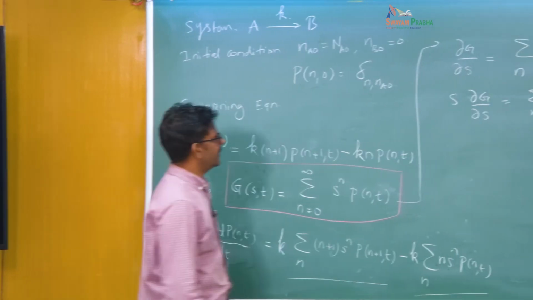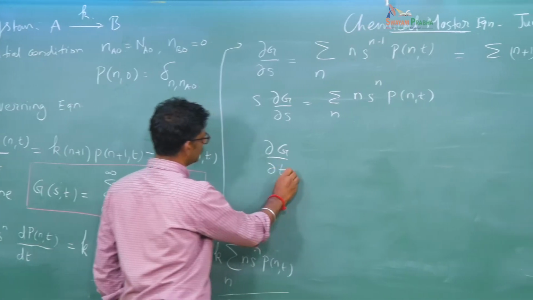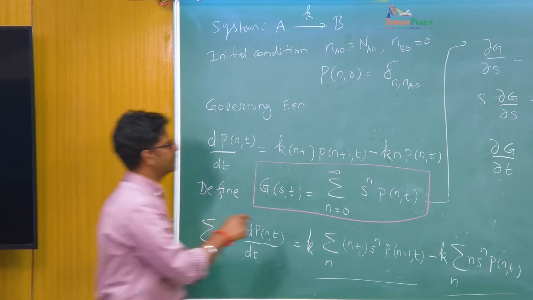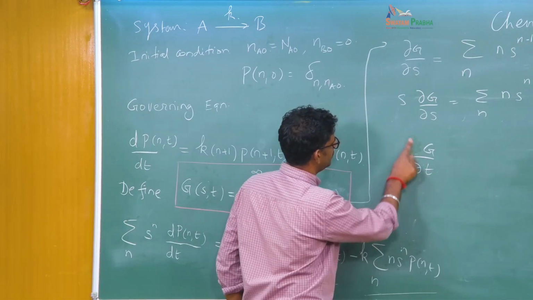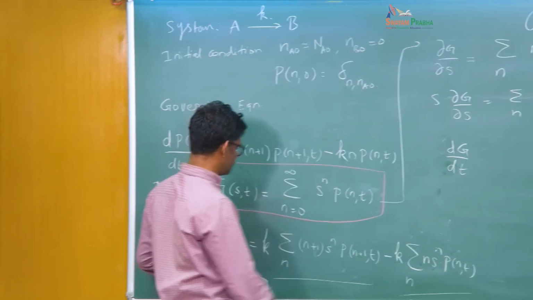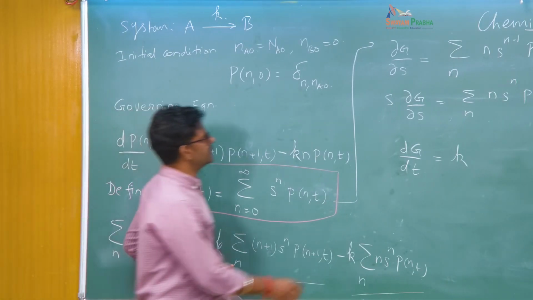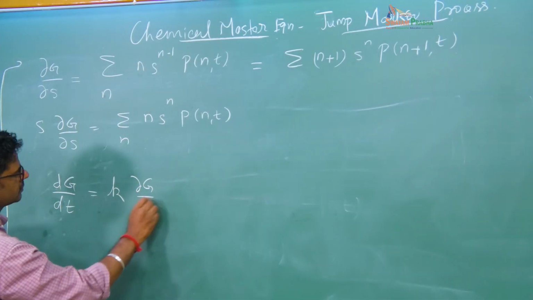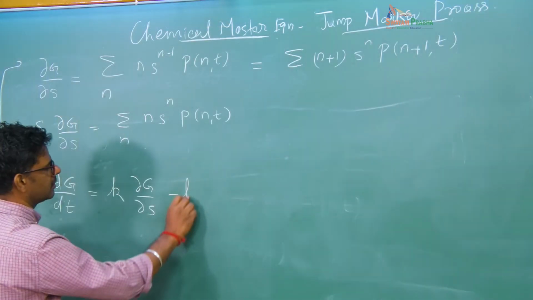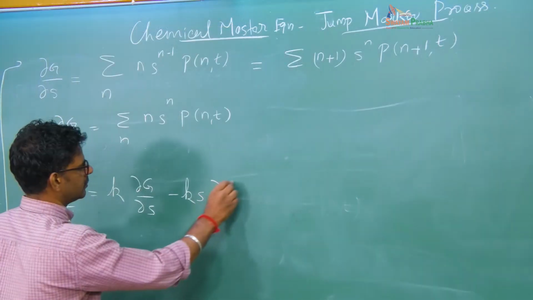So we have on the left hand side dg by dt. Sorry, it's not dou g, it's actually dg, the total derivative, dg by dt, is equal to k times this entire thing, dou g by dou s, minus k, this is nothing but s times dou g by dou s.